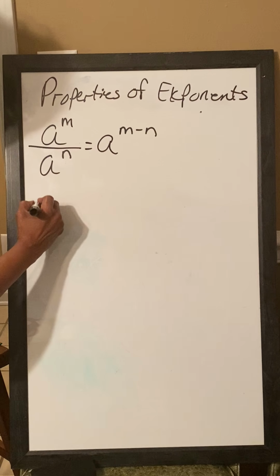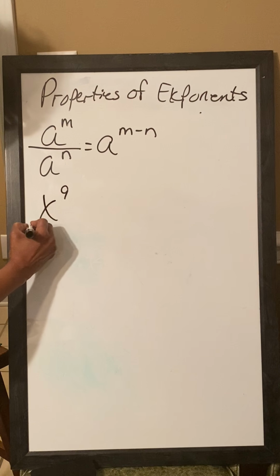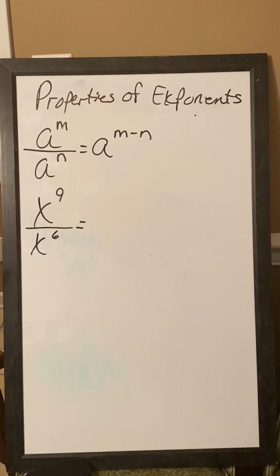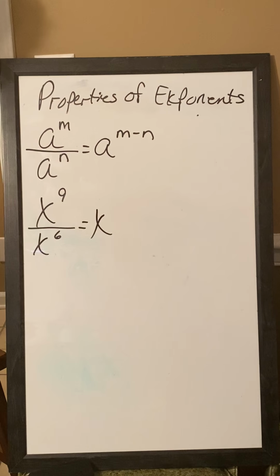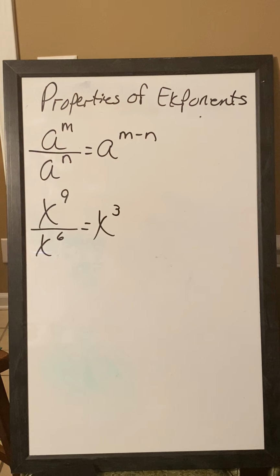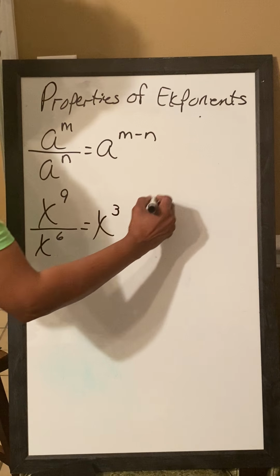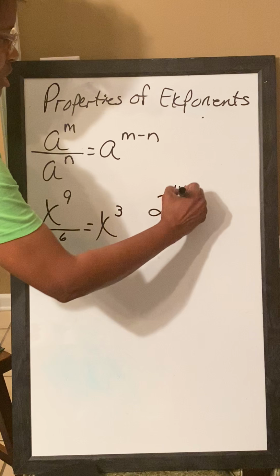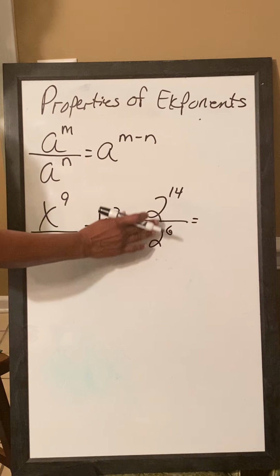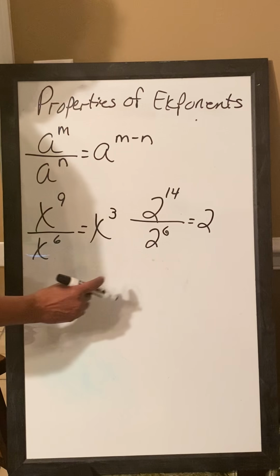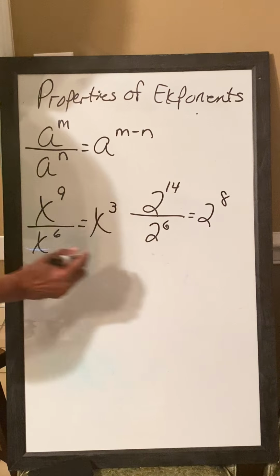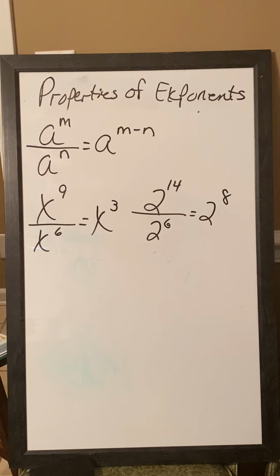For example, if I had x to the 9th divided by x to the 6th, the base in this problem is x, so I'll bring over my base. I'm going to subtract my exponents. 9 minus 6 gives me 3, so I get x to the 3rd power. If I had 2 to the 14th divided by 2 to the 6th, my base in this problem is 2. I'm going to subtract my exponents, and 14 minus 6 gives me 8, so I get 2 raised to the 8th power.